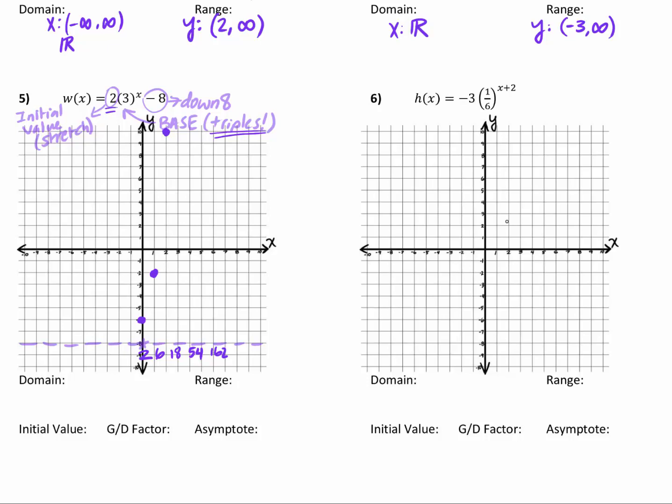So now how do I get the numbers that are further to the left? Well, instead of multiplying by 3, I need to divide by 3. So I end up getting 2/3, which would be 0.66666, so a little bit over half of a box. Then I get 2/9, which if you type that in, divide by 3, divide by 3, divide by 3, just like my calculator game, 2/9 is 0.222222.